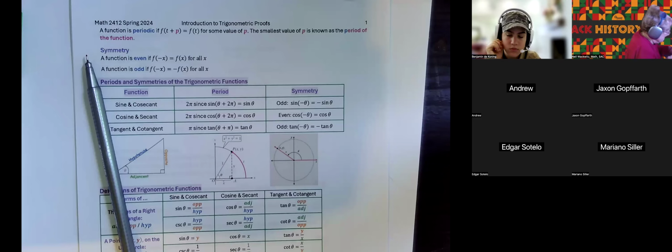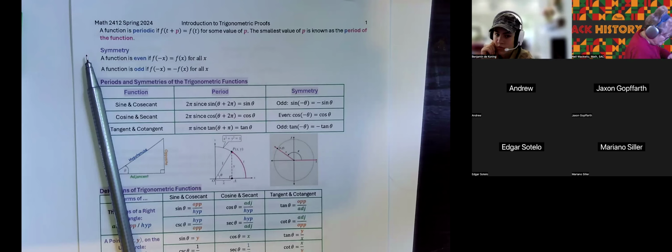So for instance, our friend the parabola is even. And a function is odd if it has symmetry with respect to the origin.